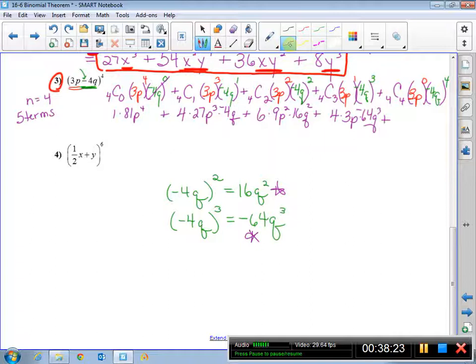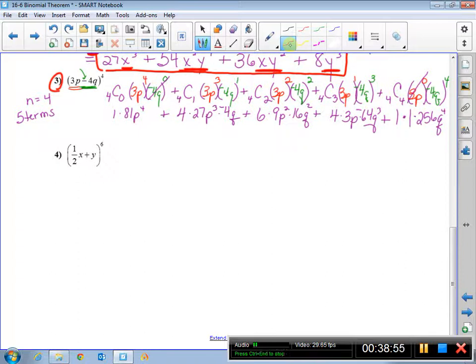I'm losing track of my p's and q's here. 4 choose 4 is 1, 3p all to the 0 is 1, and negative 4q all to the 4th is going to be positive, and that's 16 times 16, 256, they tell me, q to the 4th. All right, so let's do one more swipe through and polish up these values. That's 81p to the 4th.